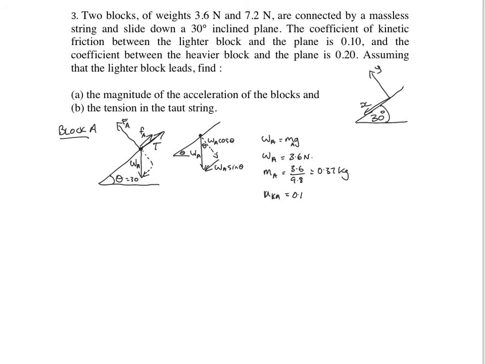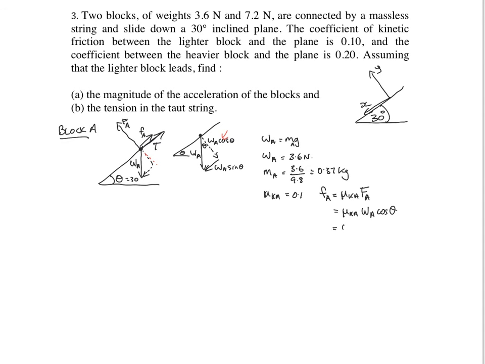We can now work out what our frictional force is, because remember, the friction of A is equal to mu Ka times the normal force of A. Now remember I said over here that the normal force of A is cancelled out by this component here, so they're equal in magnitude, and we can just write that it's equal to mu Ka times WA cos theta.